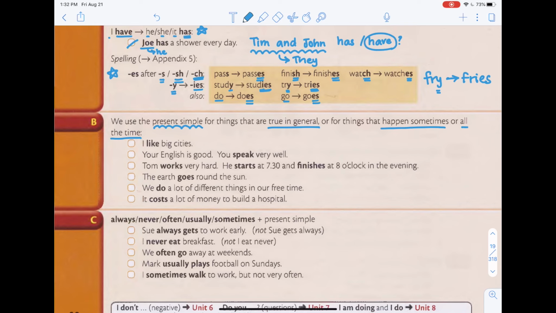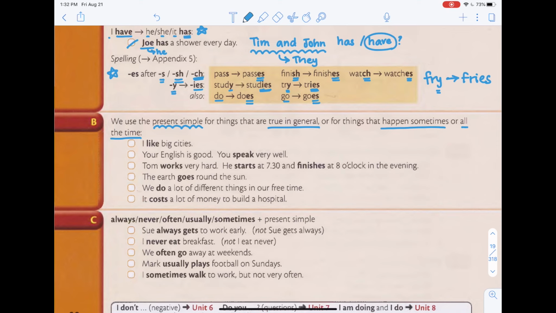So for example, you can say, we attend English classes every weekend. Because you're using the word we, you will use the word attend. Let me just write it down for you.